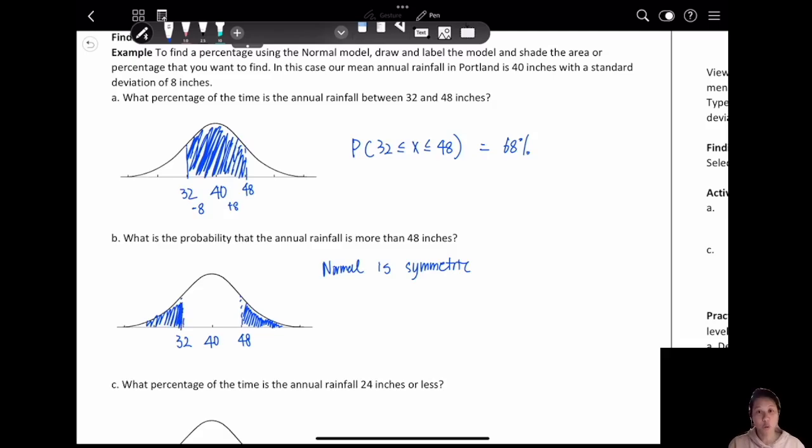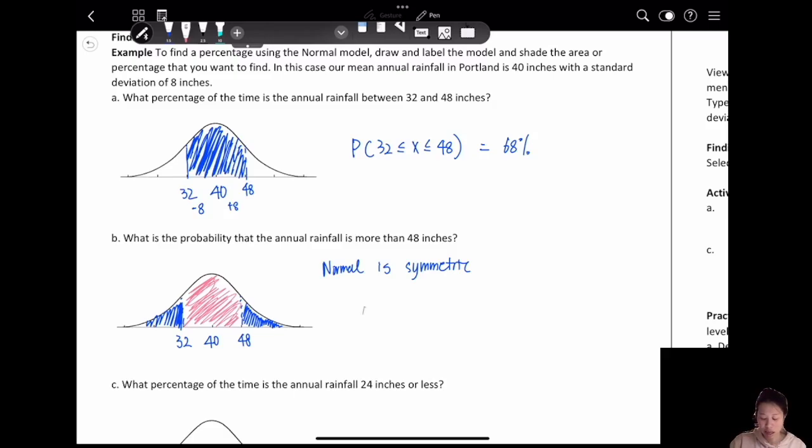Okay? So we know that the total area is equal to 1. And we know that within 1 standard deviation, this part equals what? This part equals 68. And the total equals 100.